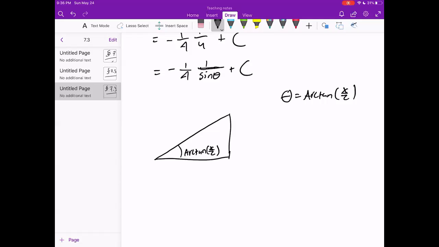Because I want the tangent of the arctan of x over 2, this has to be equal to x over 2. So if I take the tangent of this angle, tangent is opposite over adjacent, so that'll make it x over 2. And that makes this side the square root of x squared plus 4 by the Pythagorean theorem.